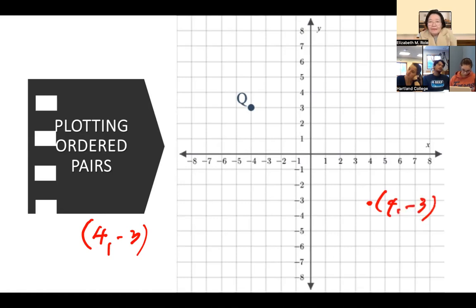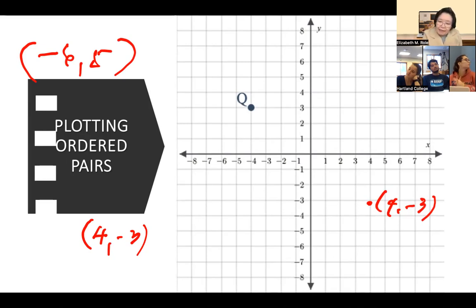So if I have (-6, 5), what do I do? I go to the left 6 and move up to 5.